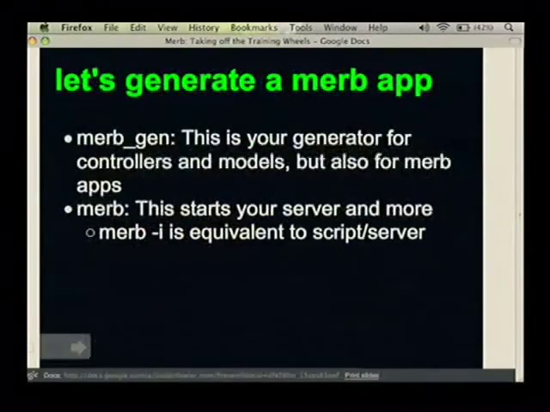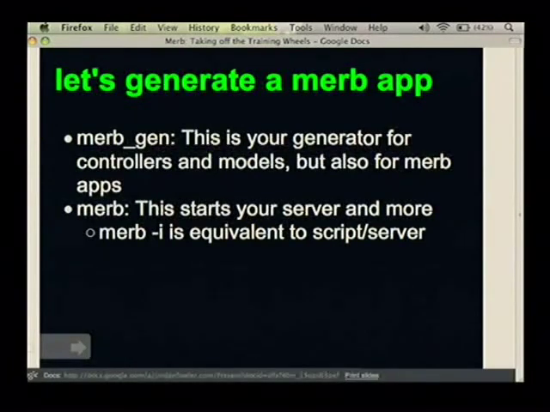Moving on. I'm going to start right now by showing you how to generate a Merb app. When you install the gem, it installs two executables in /usr/local/bin. merb-gen is your generator, which does the same thing as script/generate in Rails, so you can generate controllers, models, etc. But they also use it for generating Merb apps.